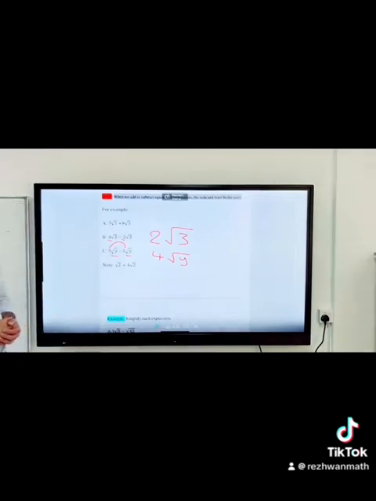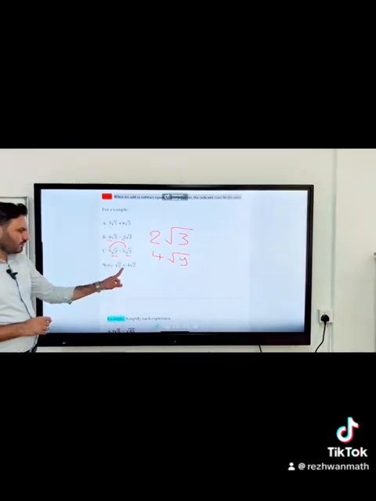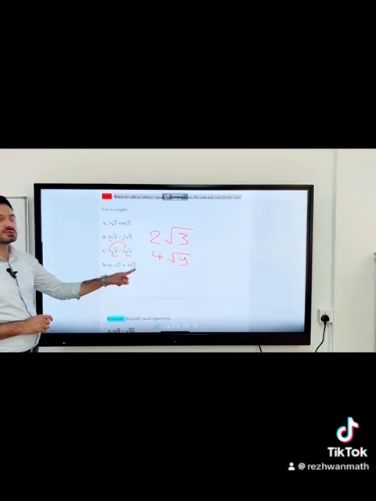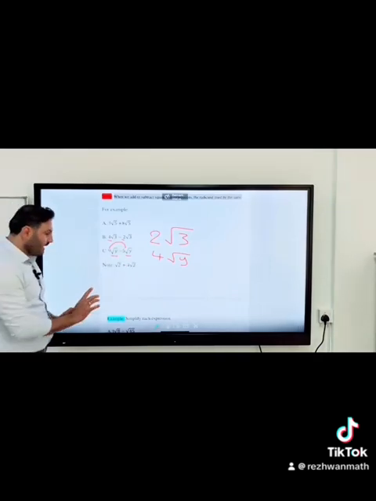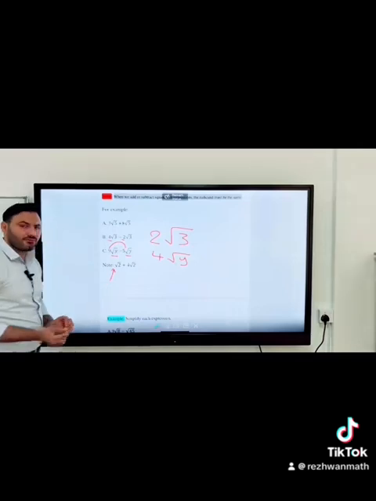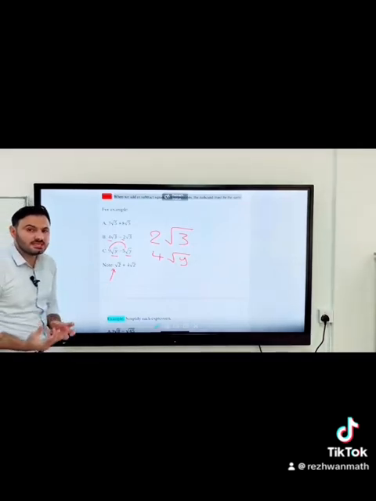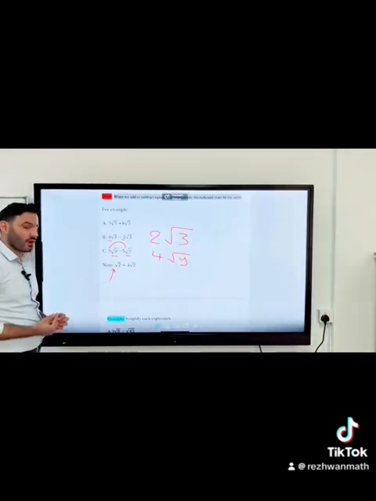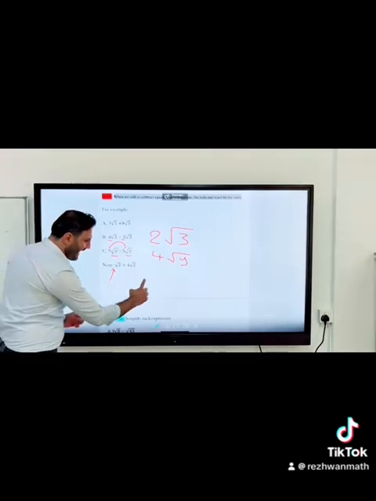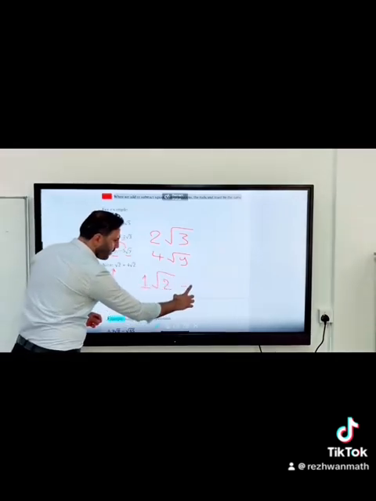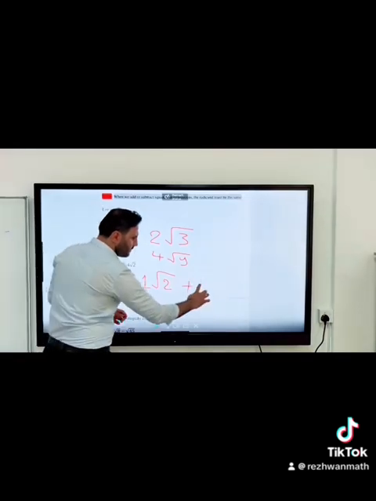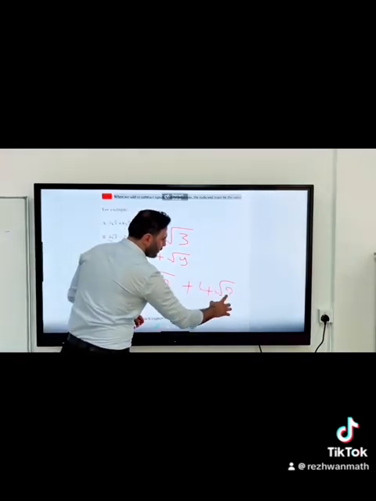Look at the note. Square root 2 plus 4 square root 2. If there is no number in front of the square root, it means we have 1 there. So we have 1 square root 2 plus 4 square root 2.